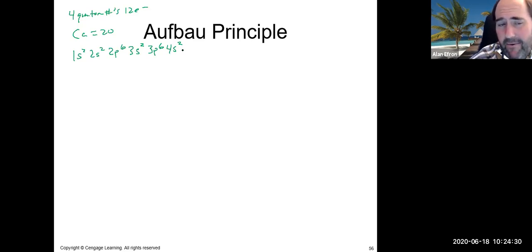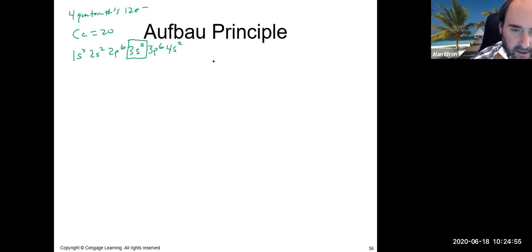Now we had a second question, where we want to figure out the 4 quantum numbers for the 12th electron that went into calcium. We can actually use the electron configuration to help us figure that out. If we count the top numbers, that's 2, 4, 10. So the 12th electron is sitting inside the 3s orbital, right?